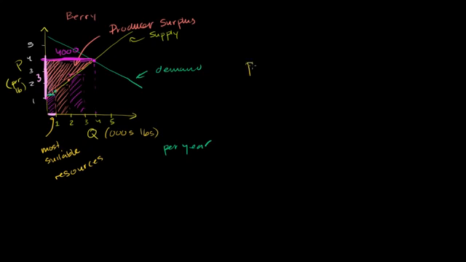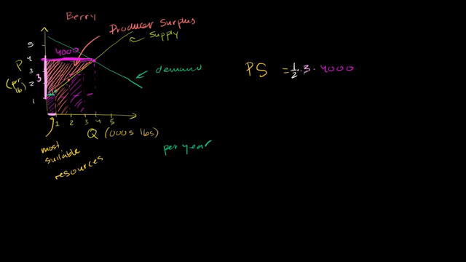So let me write this. The producer surplus here is just going to be 3 times 4,000. That would give us the area of this entire rectangle, so we have to divide it by 2, since this is a triangle. So times 1/2, the same thing as dividing by 2.